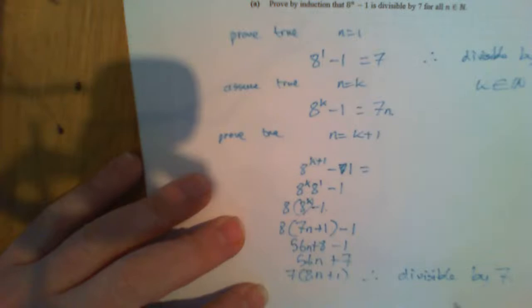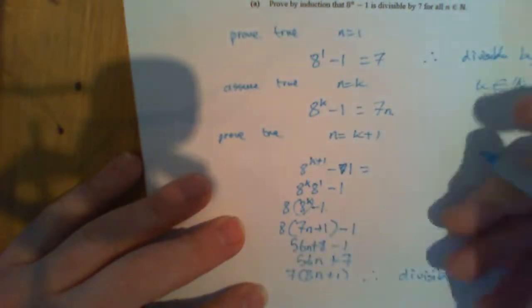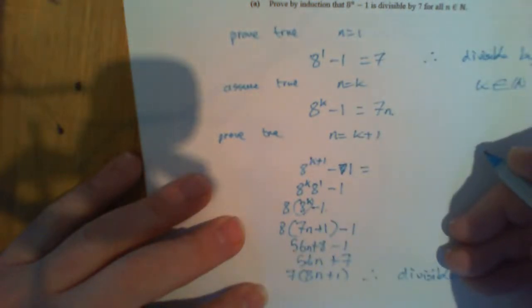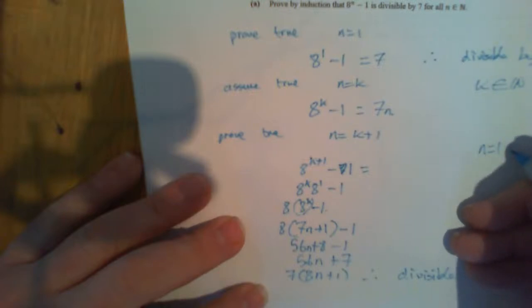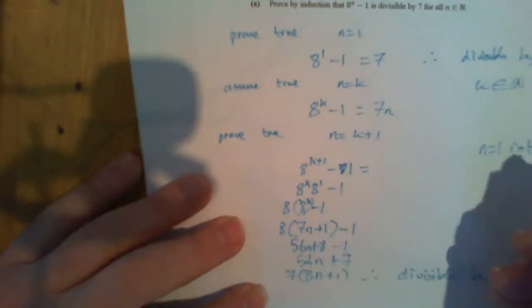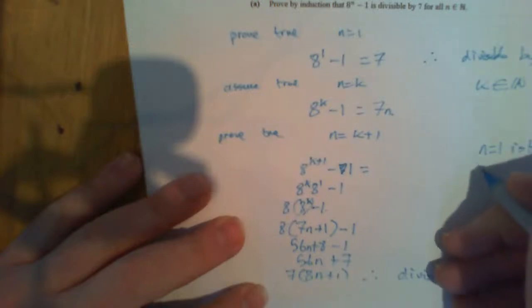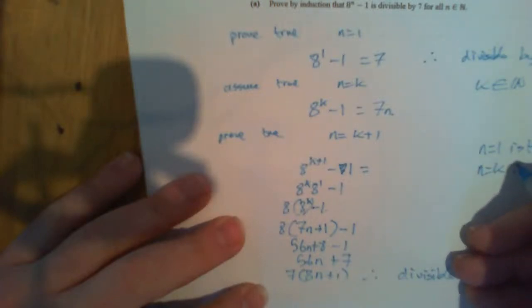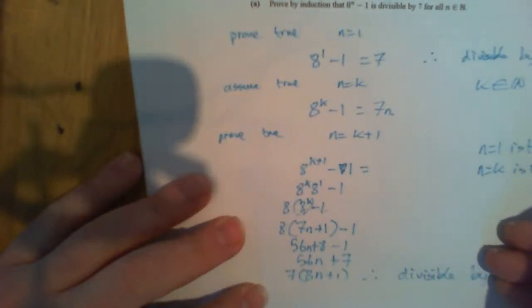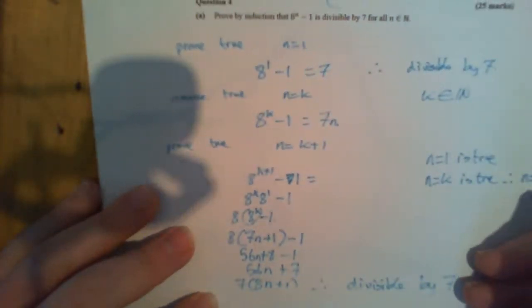So how do you wrap all this up? Well, n equal to 1 is true, and n equal to k is true. Therefore, n equal to k plus 1 is true.